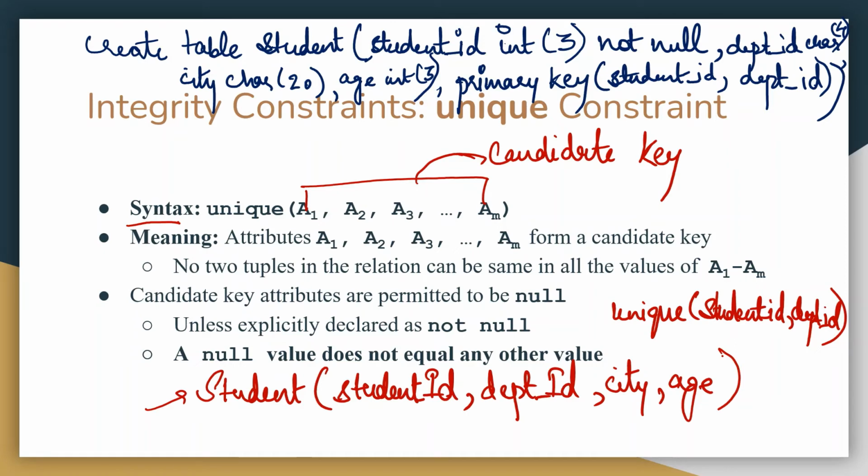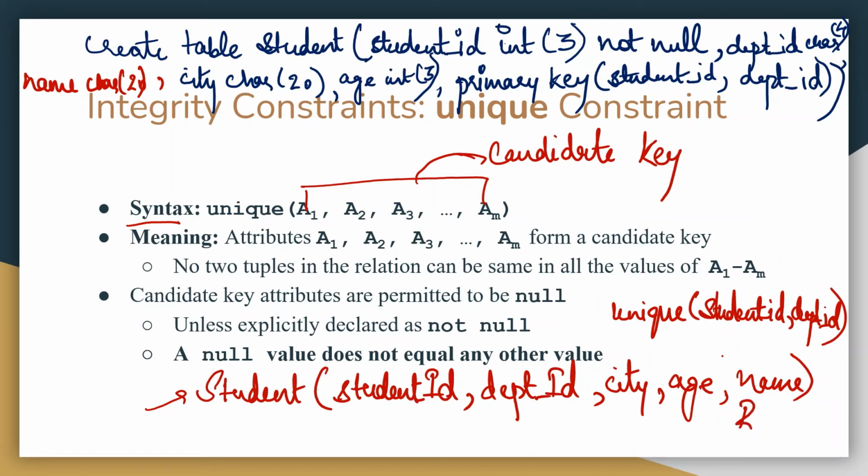We also had the student name, which I didn't write. Okay, let's take another one, name over here, name char 20, because it will be easy to explain with that. Not that we cannot have the unique constraint on it. I just wanted to have this to refer to two students.